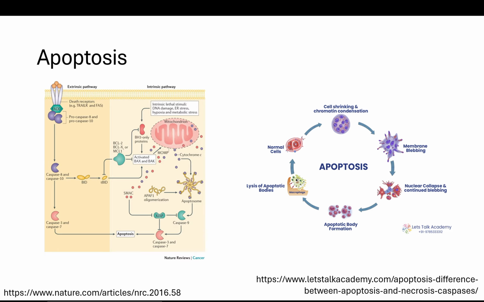There are contents inside the cell such as lysosomes and other cytoplasmic proteins. These proteins, if they are exposed to the outside, exposed to the tissue, they can cause inflammation. So in case of apoptosis, because they are covered in apoptotic body, there is no inflammation. Whereas in case of necrosis, because the contents of the cytoplasm are spilling out, there is a lot of inflammation in that area.